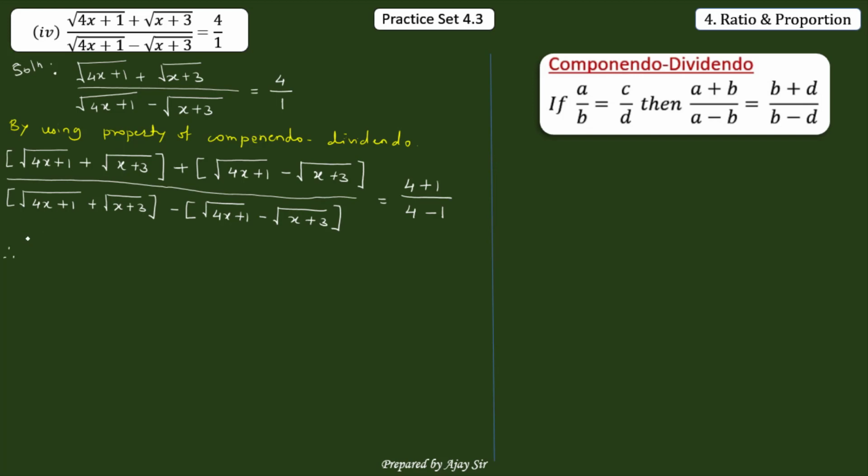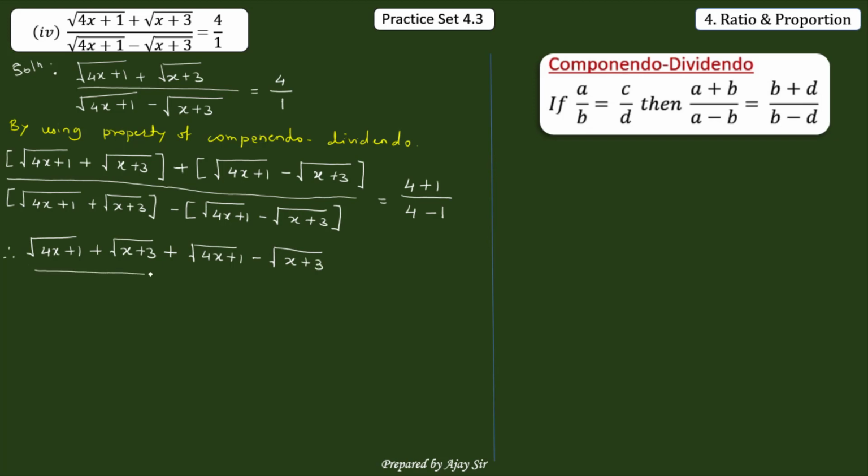If there is a plus sign outside, no sign will change inside. So we write as it is: 4x plus 1 plus square root of x plus 3, and outside there is a plus sign, so the inside signs stay the same, plus square root of 4x plus 1 minus square root of x plus 3. No sign will change if it is a plus sign.